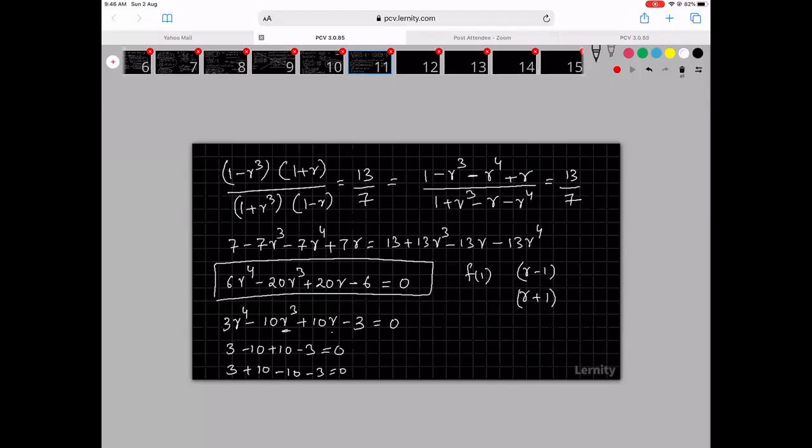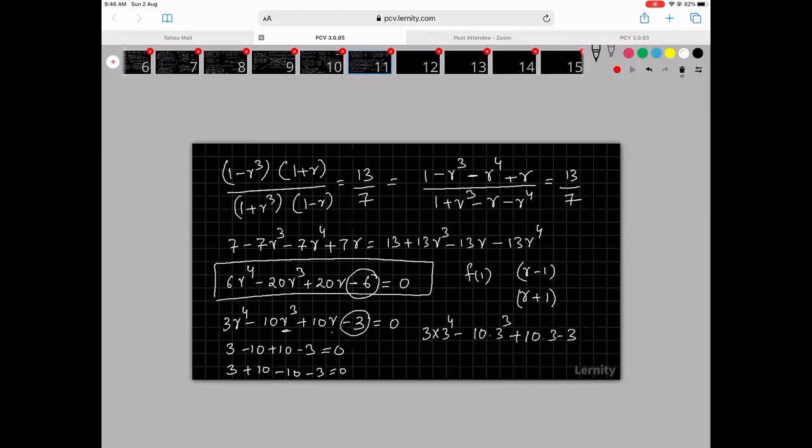The other factors that we can try are based on this number here. This number here is going to be the product of factors. So one number is minus 1, one number is plus 1. So the next number that I can try is 3. If I try with 3, it will work out to be 3 into 3 power 4 minus 10 into 3 cubed plus 10 into 3 minus 3.